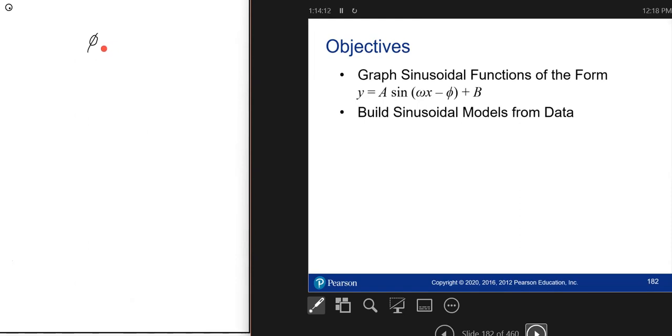Phi looks like the not symbol or the empty set symbol, but it isn't. It's the Greek letter phi, P-H-I, phi. And we use phi to find the phase shift.